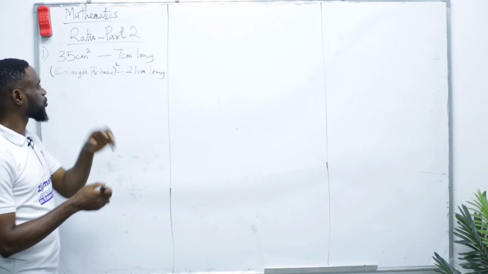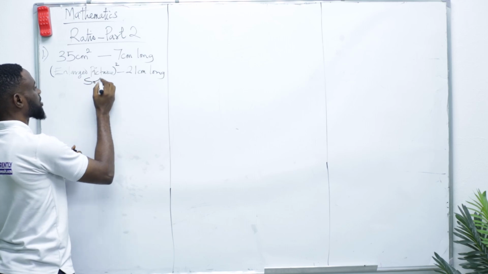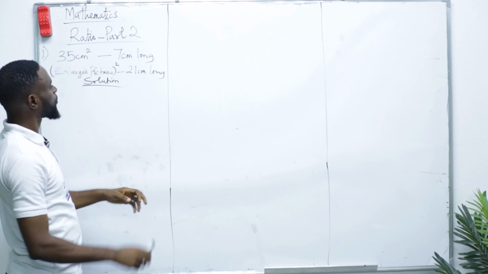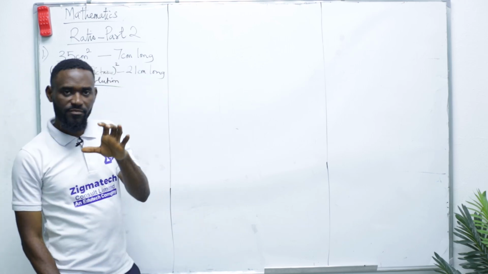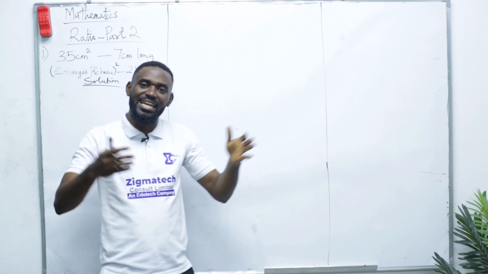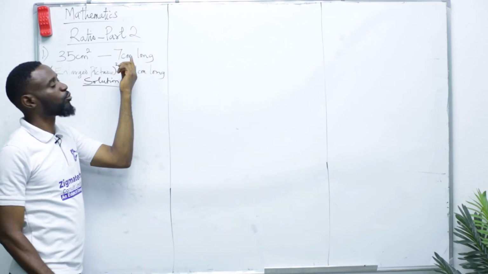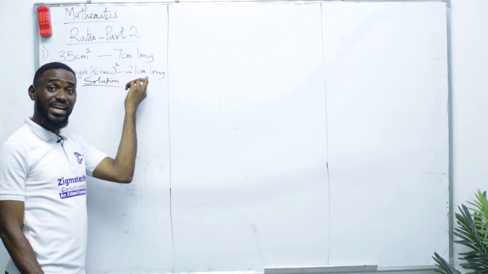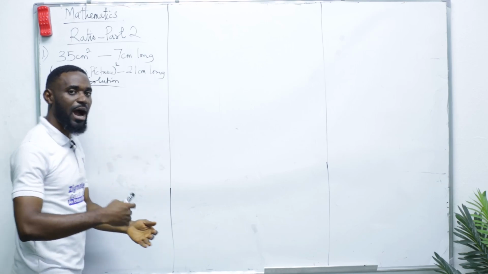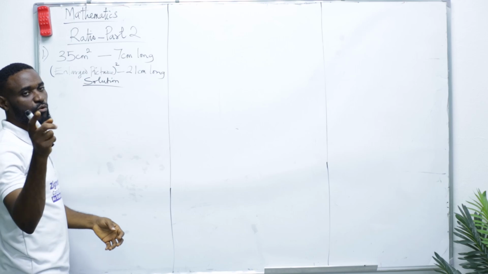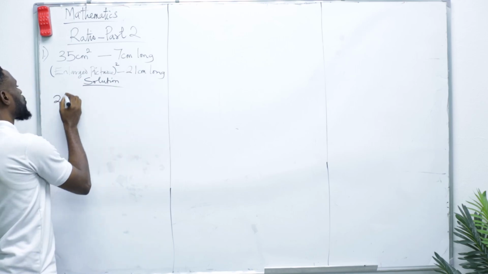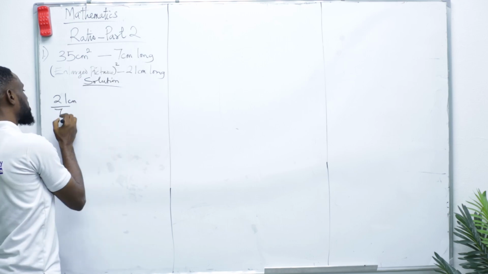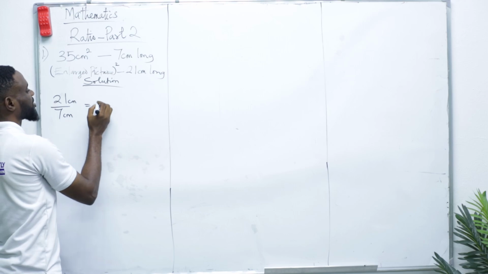So the first thing you must understand from this question is that let's know the actual length that has been enlarged between the original length of the picture and the new length of the enlarged picture. Let's see how much of the picture was enlarged. To get that, we'll do 21 cm divided by 7 cm. That will give us 3.